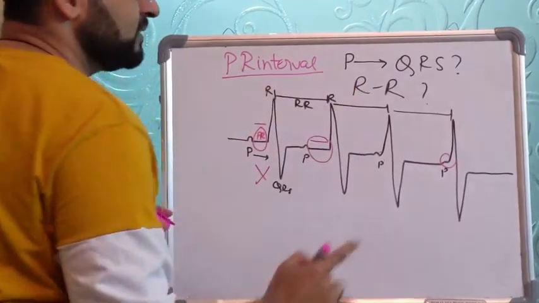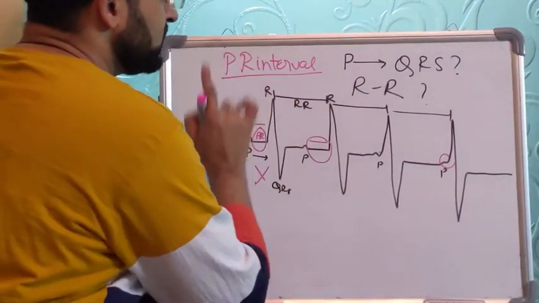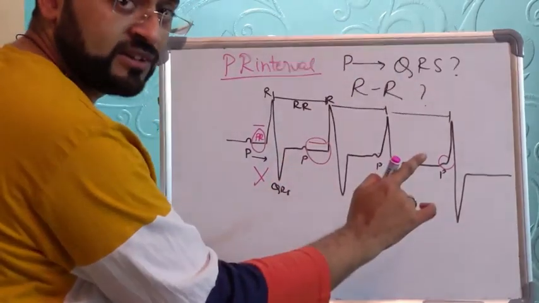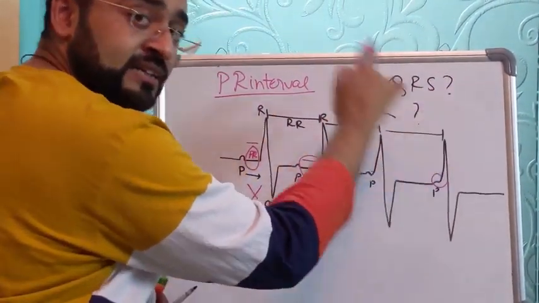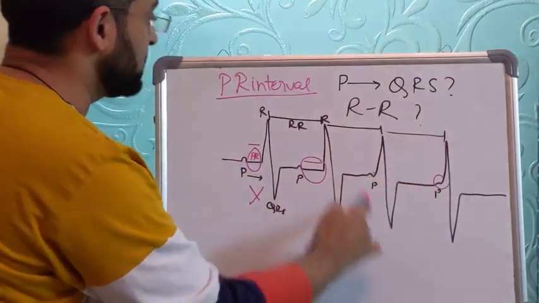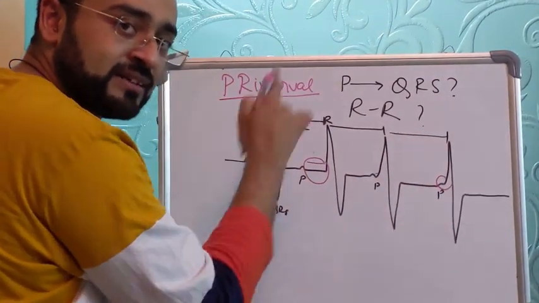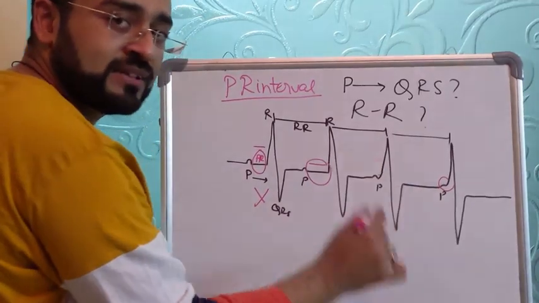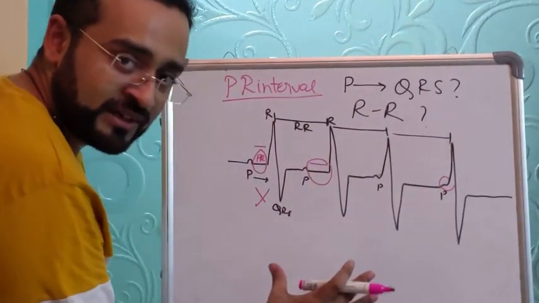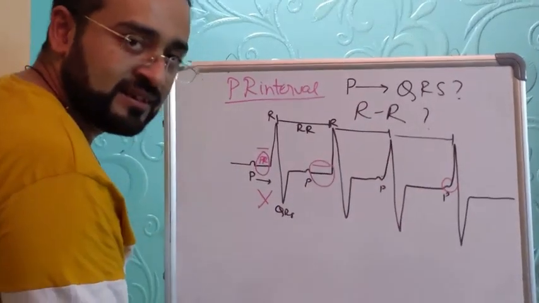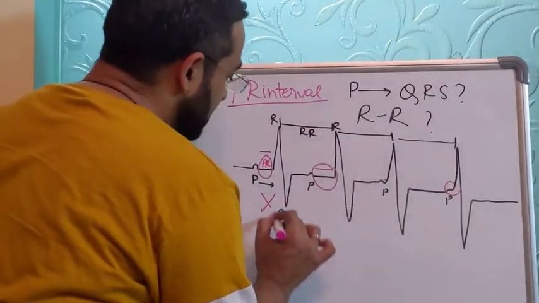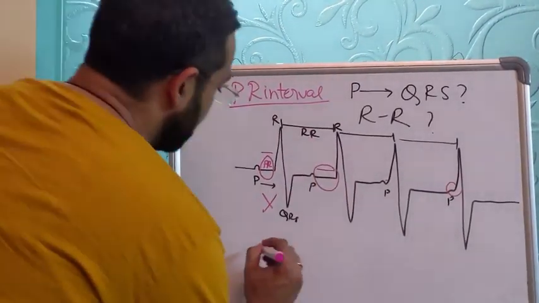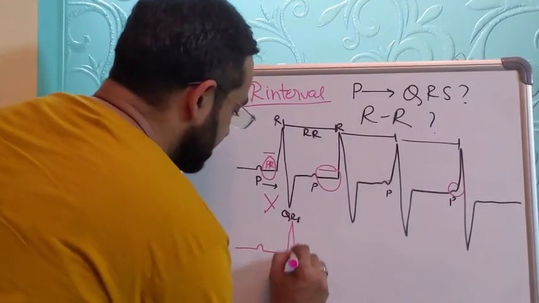If your PR interval is constant, it indicates a constant relationship between the P and the QRS, or that this P is causing this QRS, this P is married to this QRS. In the absence of the marriage certificate, if the P and the QRS are seen together at any point of time, it is purely coincidental and there does not exist a relationship between them. So there has to be a constant PR interval for you to say that it is a sinus rhythm.